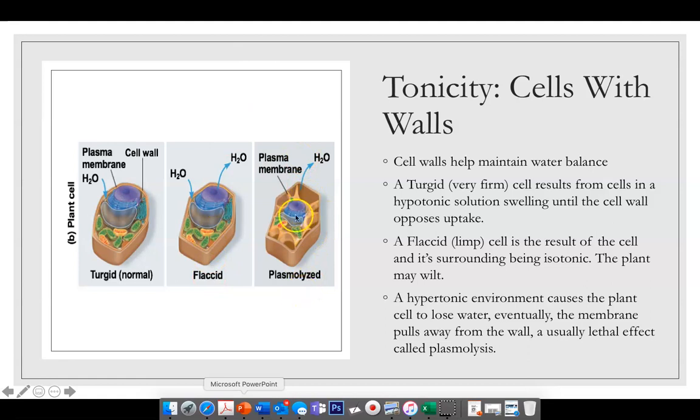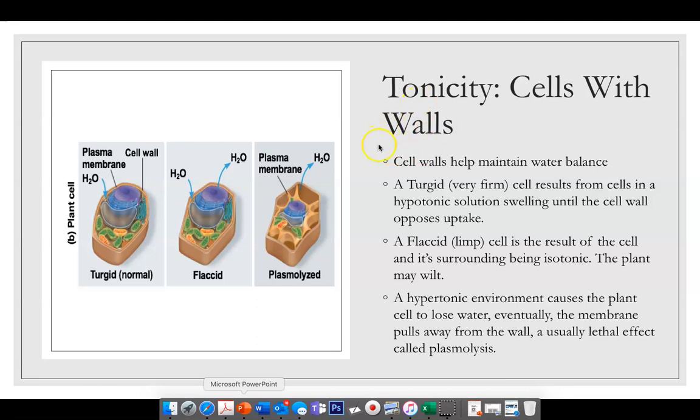Now, in a hypertonic environment, this is really bad for the plant cell, because as the cell loses water, that central vacuole is going to be drained of the water as well. Remember, water moves from an area of high concentration to an area of low concentration. Now, the danger in that is that the central vacuole is anchored to the cell with attachment to the plasma membrane.